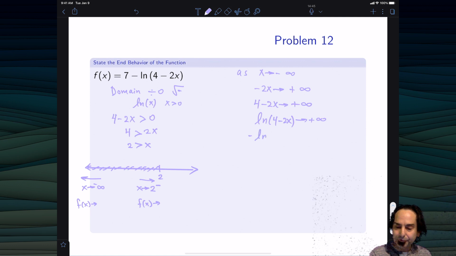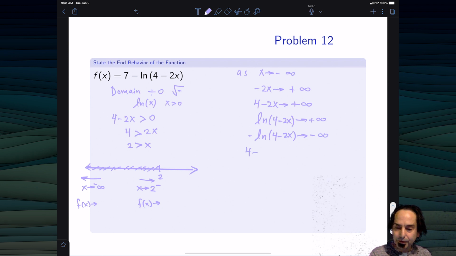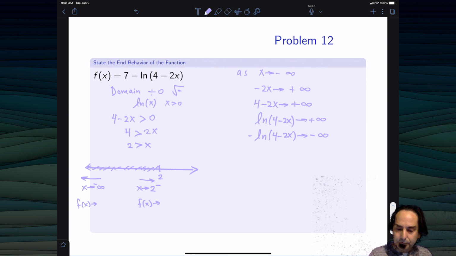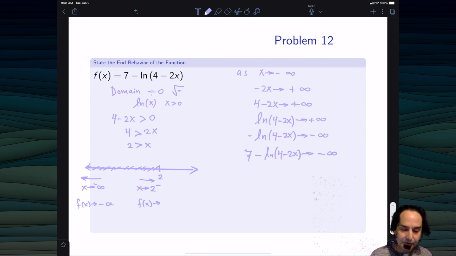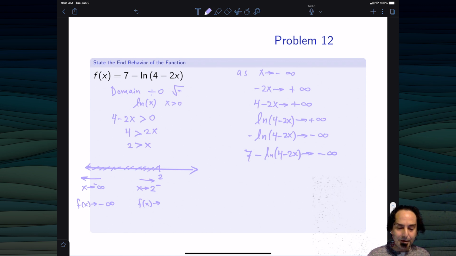But the negative natural log of 4 minus 2x will go to negative infinity, and if we just add 7 to that, that's going to go to negative infinity as well. So we can fill this in with that end behavior.